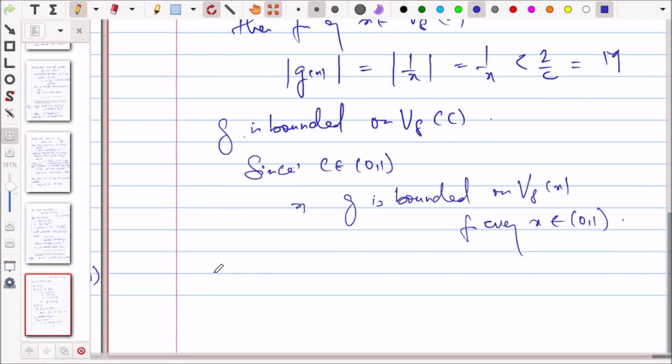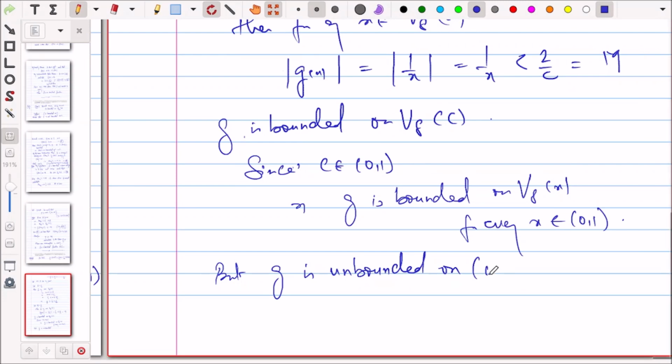But clearly g is unbounded on (0,1). We have already seen this. So hence the example. And this concludes our question number 19.